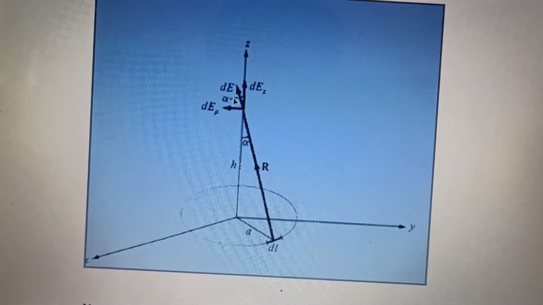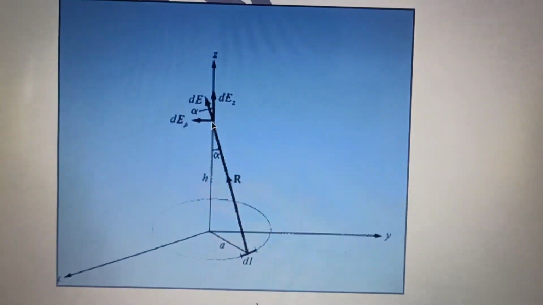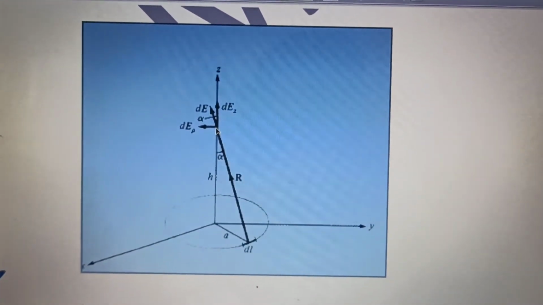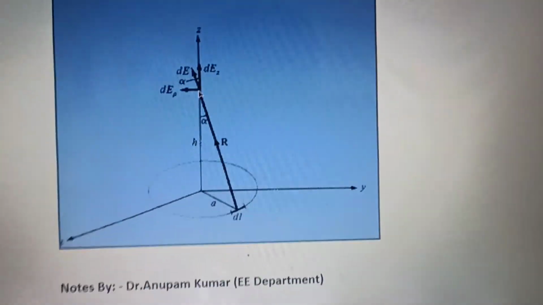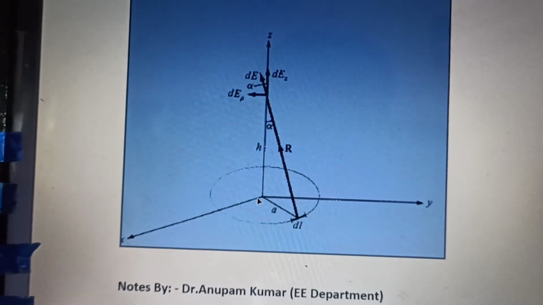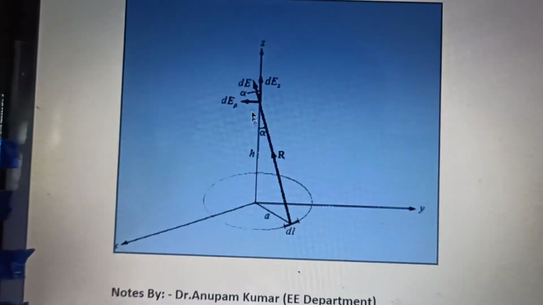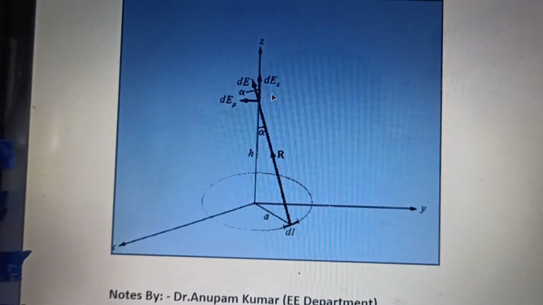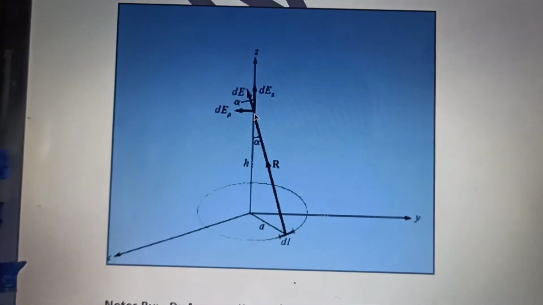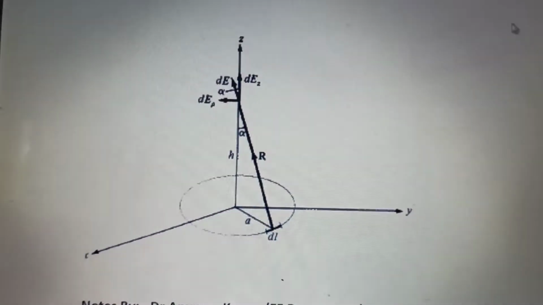Now this is the electric field dE. If this is dl, then the electric field due to this and the electric field due to this opposite segment both will interact with each other. The horizontal component will get cancelled out and the Z component will get added up. Clear?